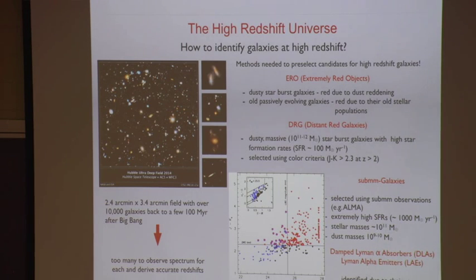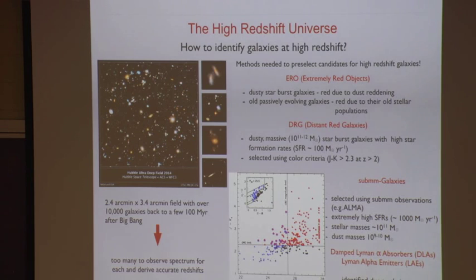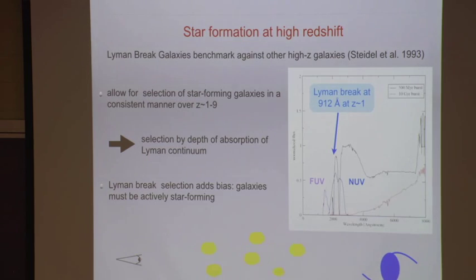And that gives us a basic idea of what these objects are made of. And different classes of objects have different locations in these diagrams, and that is what we can use to pre-select them. And we can measure these magnitudes and colors from images by measuring the flux of these objects. So a very nice way of cutting down.